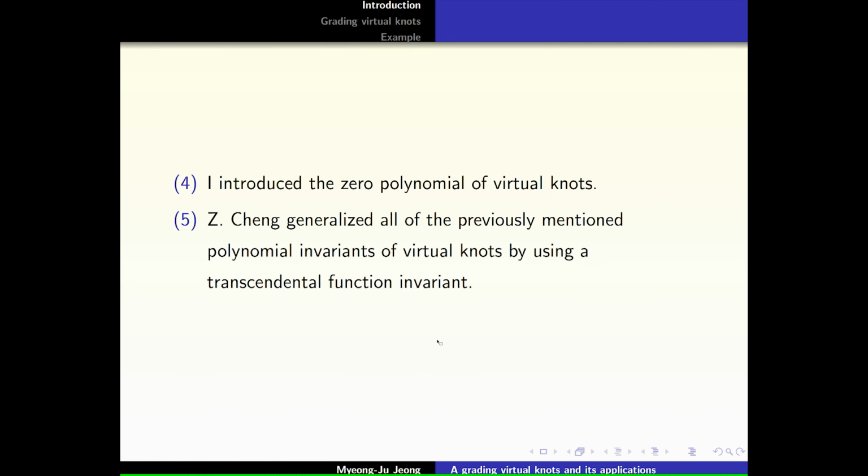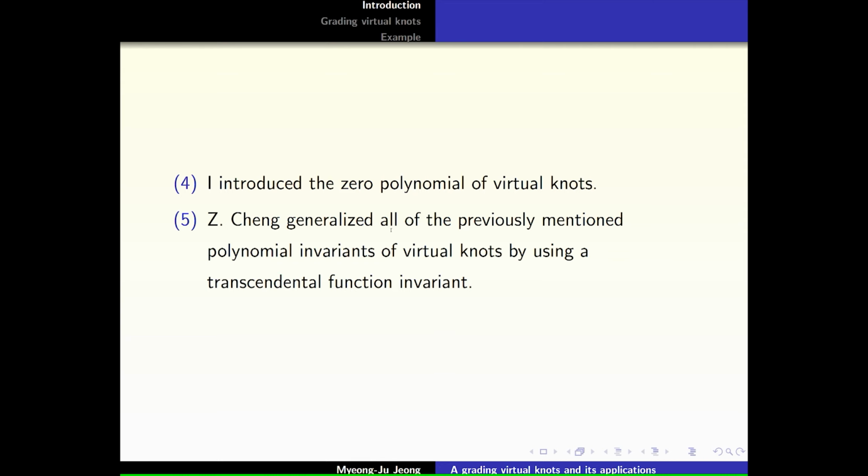But it has some shortage that you cannot compare many virtual knots because it is a Vassiliev invariant of degree 1. And so, for example, if two virtual knots are related by a delta move, then they have the same value for the affine index polynomial.